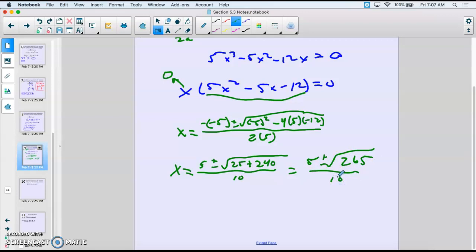Okay, now 265, I'm doubtful that that's a nice square rootable number. It's not. Let's see if 25 goes into it. We're looking for perfect squares now. 25 does not. I don't think too many other numbers would go into it.